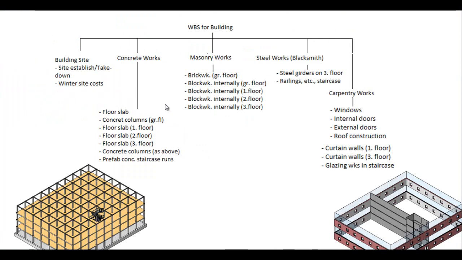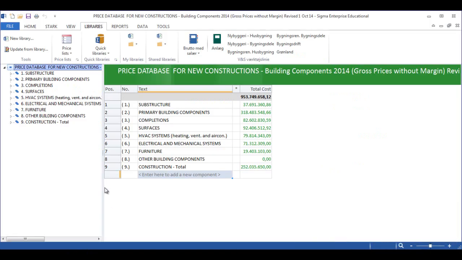From our work breakdown structure, we have specifically found out the structure of each work package, and we must now find these prices in our master library and bring them over to a project library. So how do we establish the project library? We go back into Sigma.